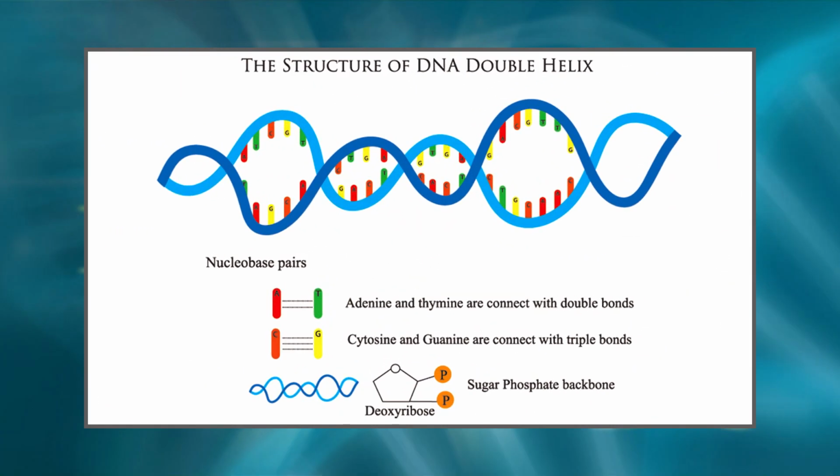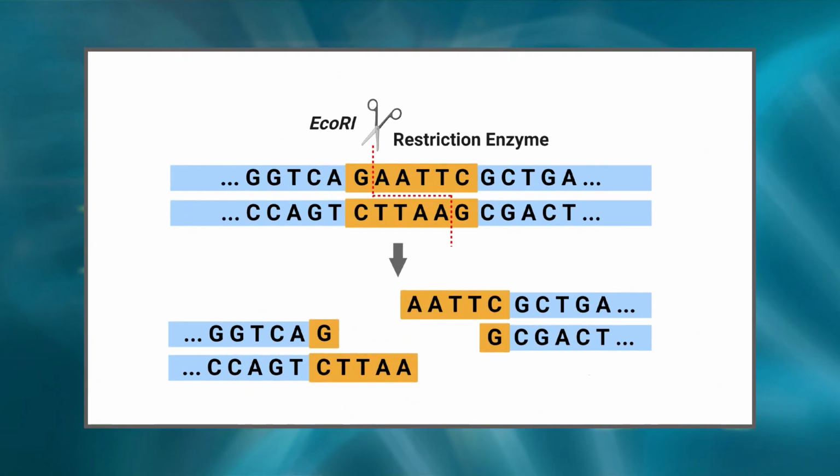To cleave, the restriction endonucleases make two incisions, one through each sugar-phosphate backbone of the DNA double helix. These endonucleases recognize a specific sequence of nucleotides and produce a double-stranded cut in the DNA. This specific sequence is usually 4 to 8 bases long and is present in the recognition site.